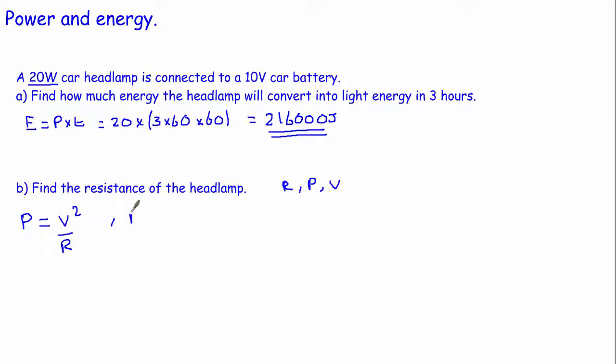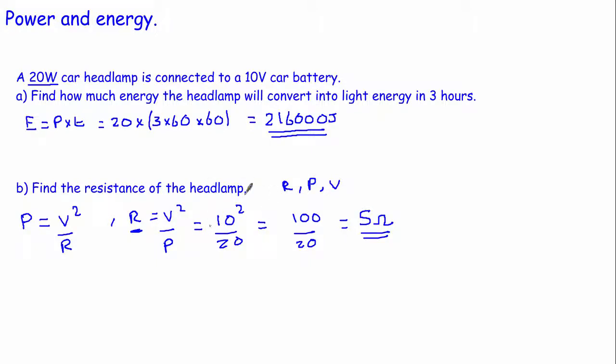So I can rearrange this and get R equals V squared over P. V was 10 volts, so I'm squaring that: 10 squared divided by the power. Power was 20. So that's equal to 100 divided by 20, which is 5. It's the resistance we're working out, so it has a resistance of 5 ohms.